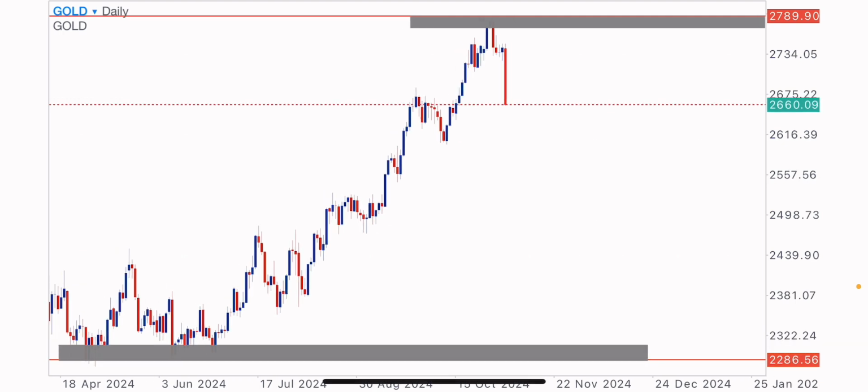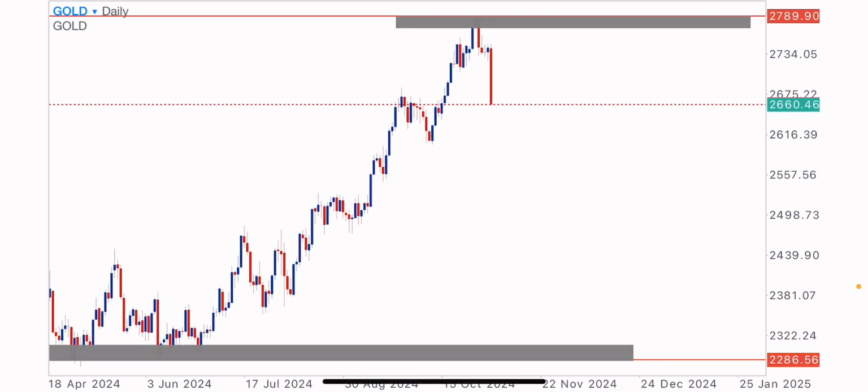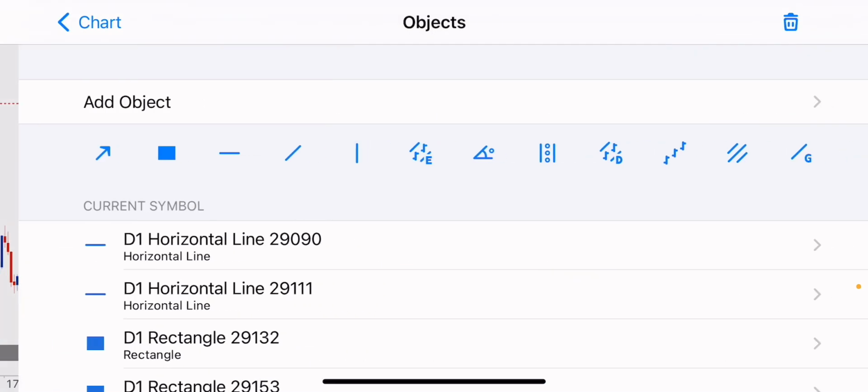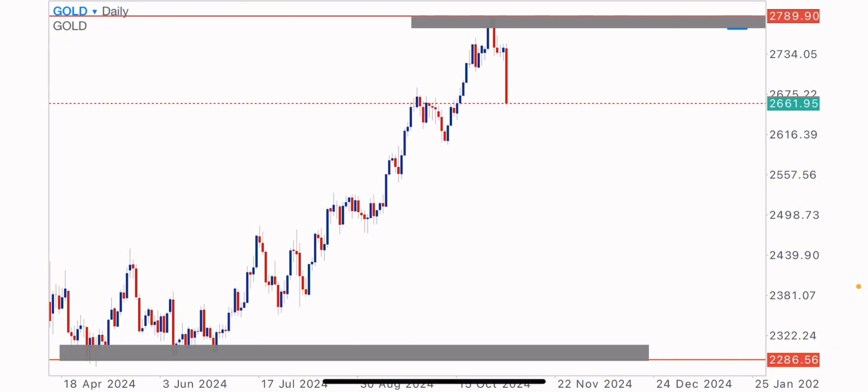Okay, so the first key concept which we have is the high and low, which we have highlighted here, right? After we have highlighted our high and low, we now put our horizontal levels where we see that there are key, semi-major key levels, right?